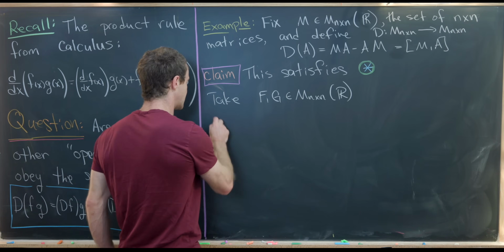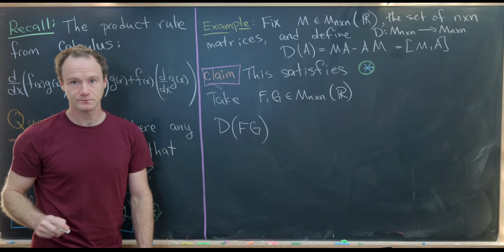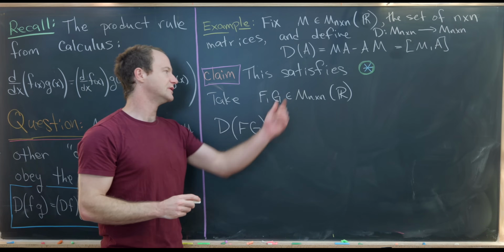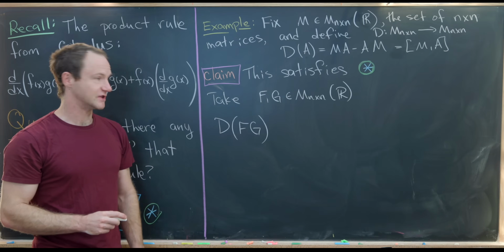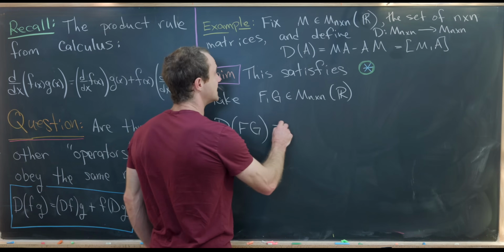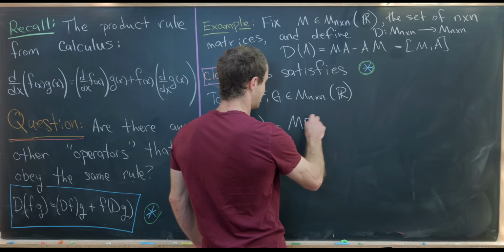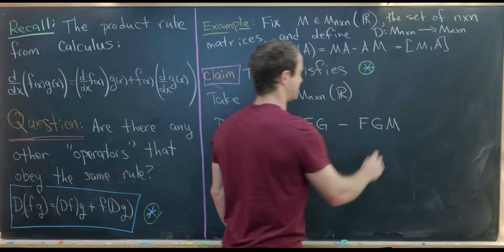Now let's calculate D evaluated at F times G. If we've got two n by n matrices and we multiply them, we get a third n by n matrix. That's fairly well known. By the definition of D, this is equal to MFG minus FGM.